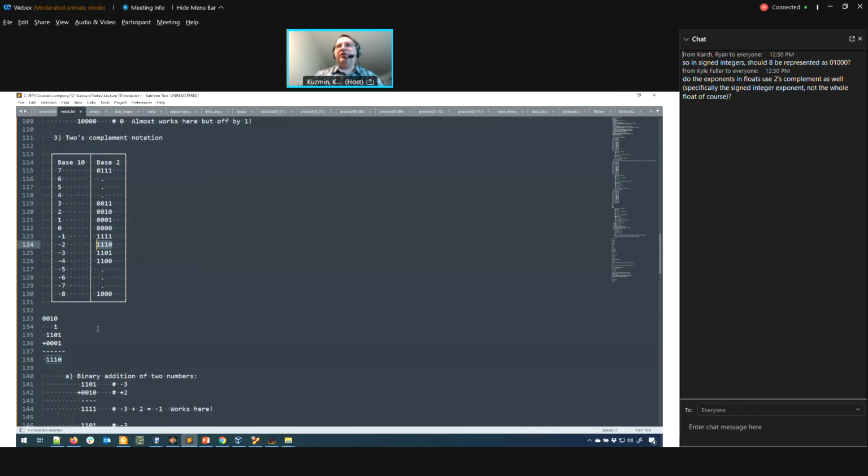So in signed integers, should 8 be represented as this? Let me grab it. So it depends on how many bits you use, right? If you use 5 bits, then 0, 1, 2, 3, this is the correct representation for 8. I was just counting the exponents, right?